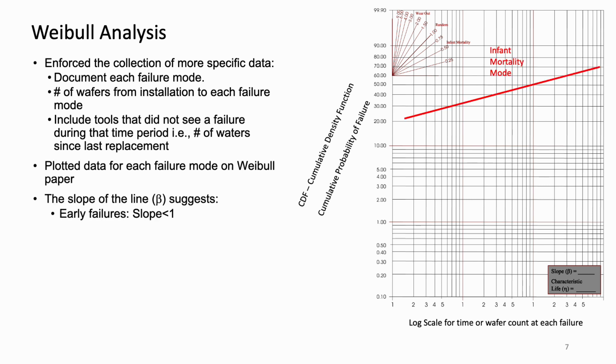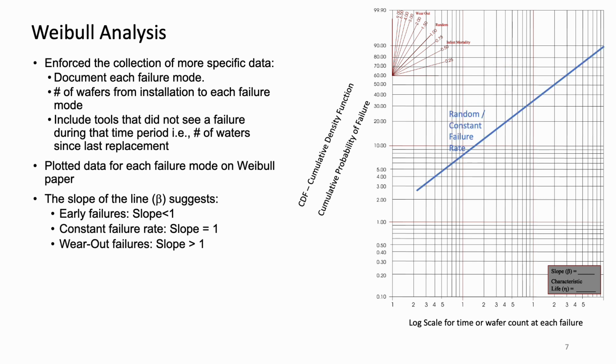The slope of the line that fits the plotted data points that are put on there, if it fits the line nicely, it is considered to be represented by this distribution quite well. In this case, if the slope of the line is less than 1, that gives us a clear indication that we're looking at early failures or infant mortality.